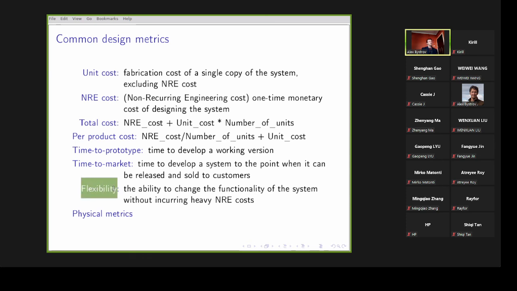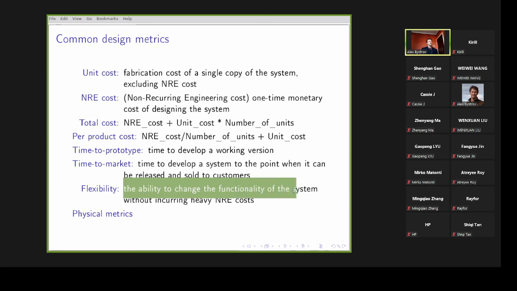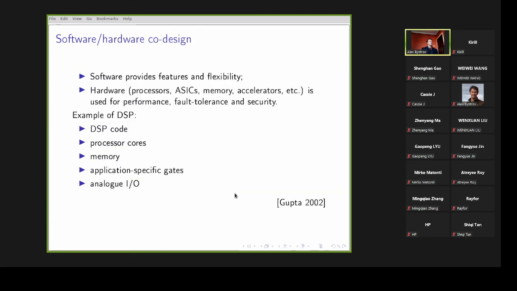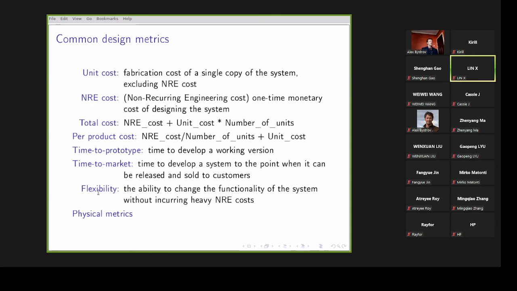There are some other metrics such as flexibility. It's the ability to change the functionality of the system without incurring heavy non-recurring engineering costs. It's something to do with software, hardware. Software provides features and flexibility, right? So you see it every time when you buy a new mobile phone. At the beginning, it's quite buggy, and then they release updates to the firmware, and eventually it starts working well.